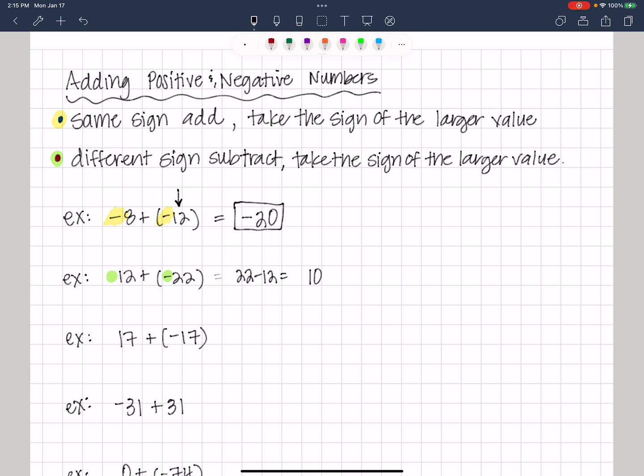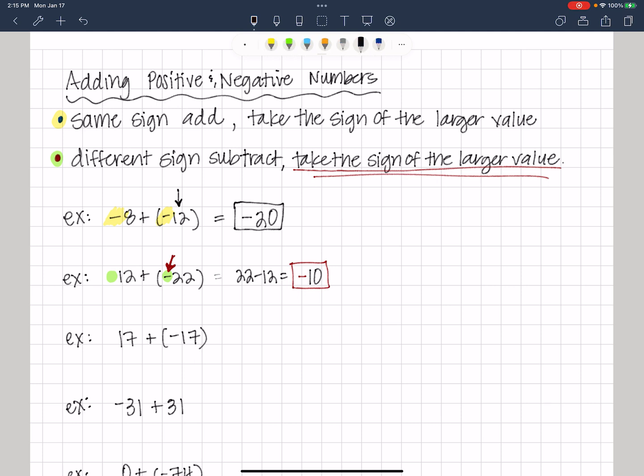So taking the sign of the larger value between 12 and 22 is 22. 22 is negative, so my answer will take the negative.